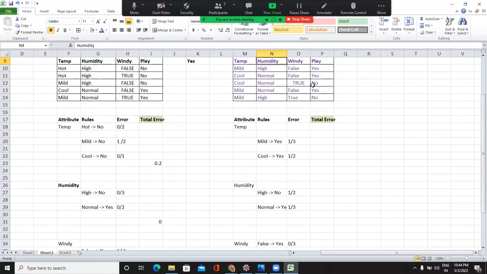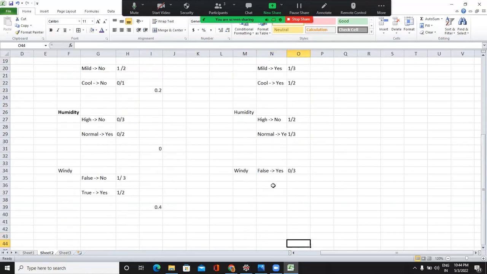And true is no once and true is no twice. So again, we will put the rule true as no. Then again, we will be committing an error 0 times.